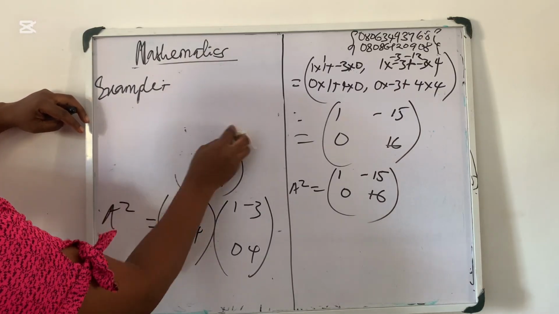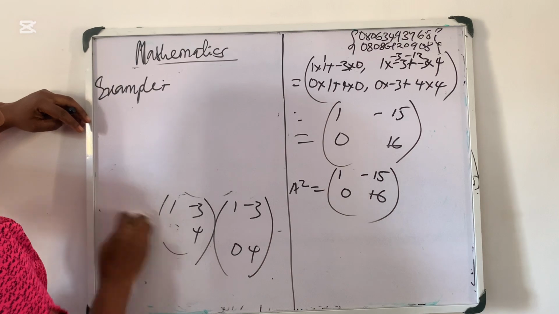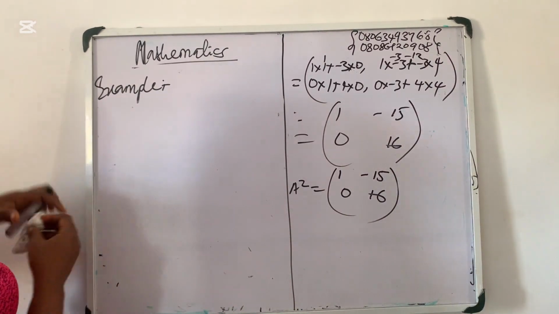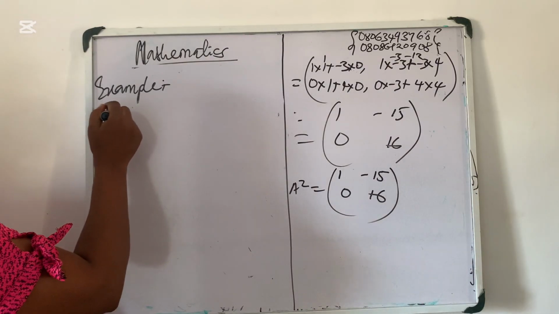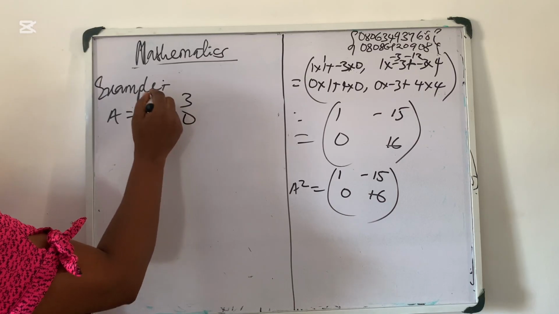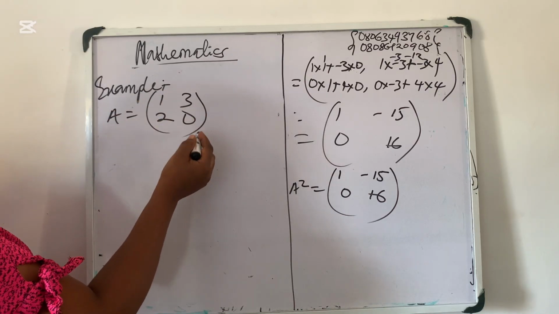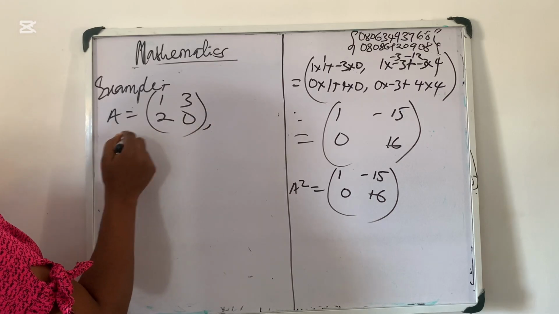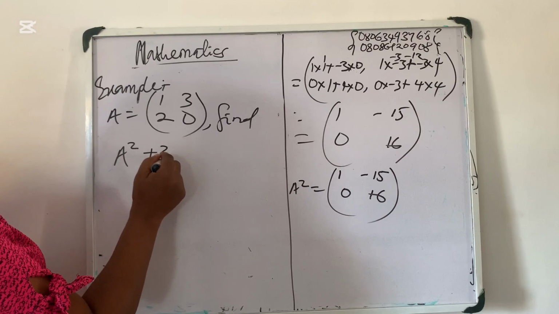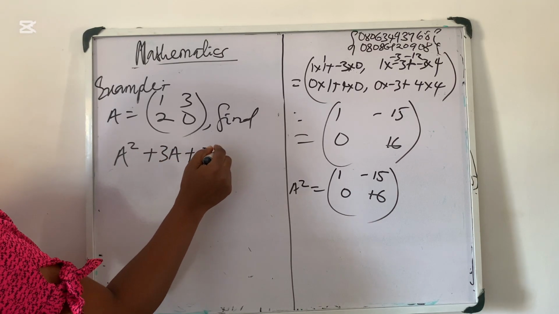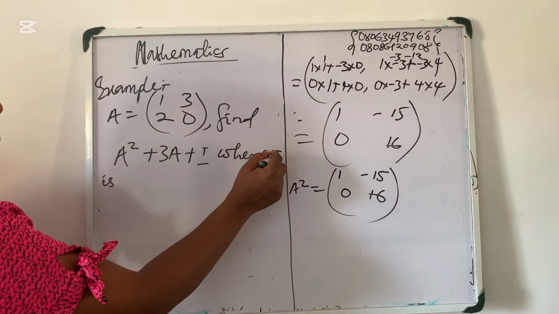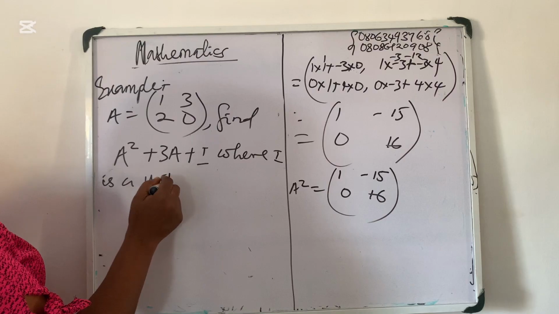What if you are given something like this to compute, in a situation where A is giving us 1, 3, 2, and 0, and you're asked to find A squared plus 3A plus I, where I is a unit matrix of order 2.